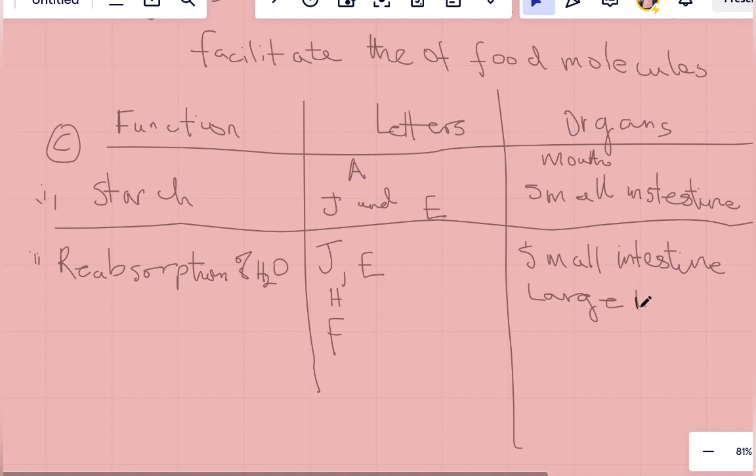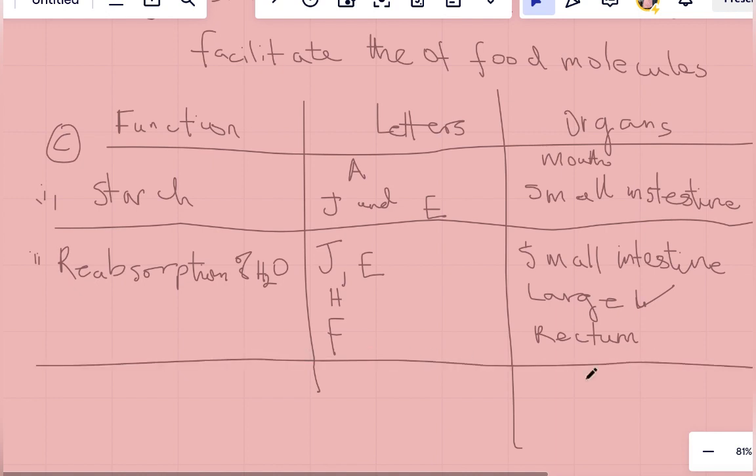Let's just use an arrow because it's both intestine. And then F is the rectum, right? The rectum is the last place for the feces before we defecate. Okay, so we've answered the second one.